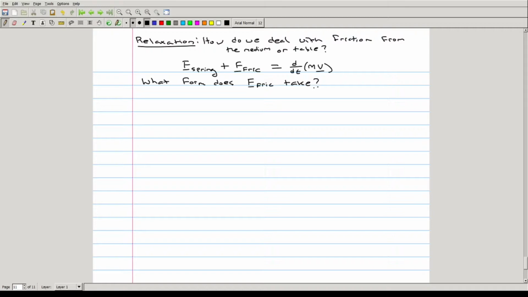And the answer to this is that it could take many forms. Just like for the spring force, where we only listed two possible forms, a linear function and a cubic function, the friction force we typically assume takes the form of some function of the velocity vector, which is the magnitude of the friction force, times the unit vector that points in the opposite direction of the velocity vector.